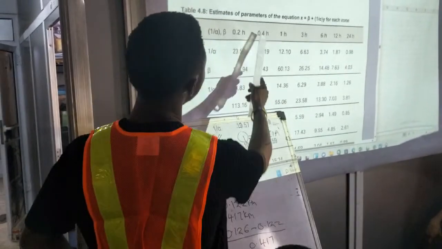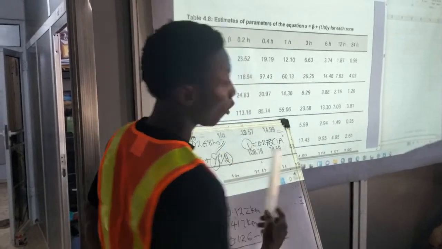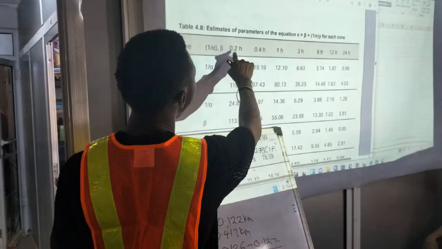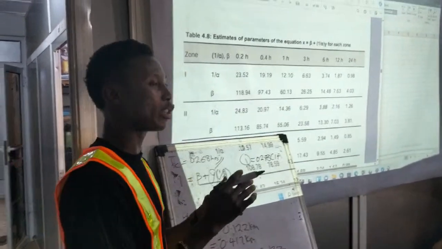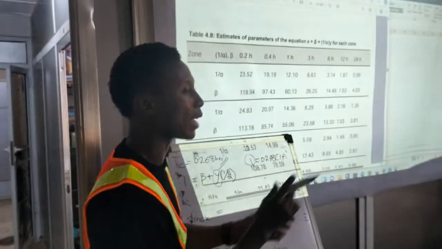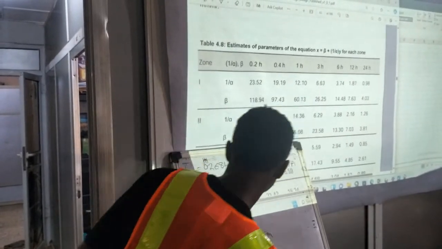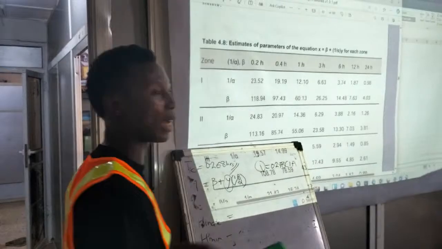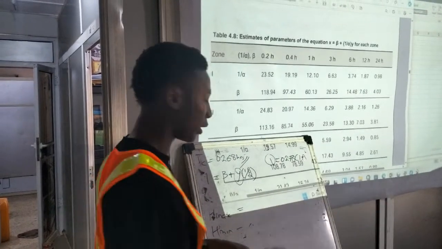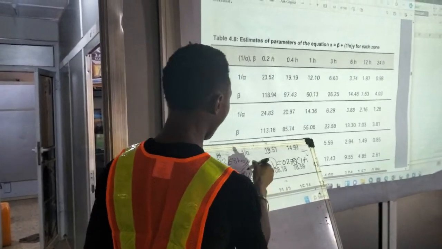No. 0.2, 0.4. For accuracy, this is what we do. We don't have 0.268. In engineering mathematics, what we do is interpolation. We interpolate. Do you want us to go into that long process? No. Okay, I know you are acquainted with that already. Fine. So we'll calculate to get our beta and 1 over alpha.